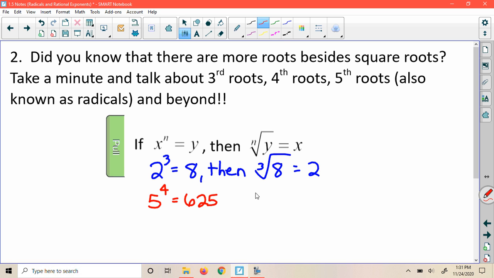If we go the opposite way, the 4th root of 625 equals 5. So taking something to the 4th power and doing the 4th root are just opposites of each other.